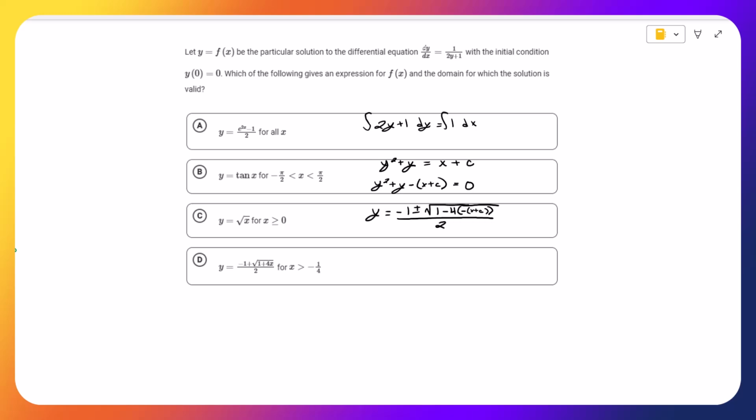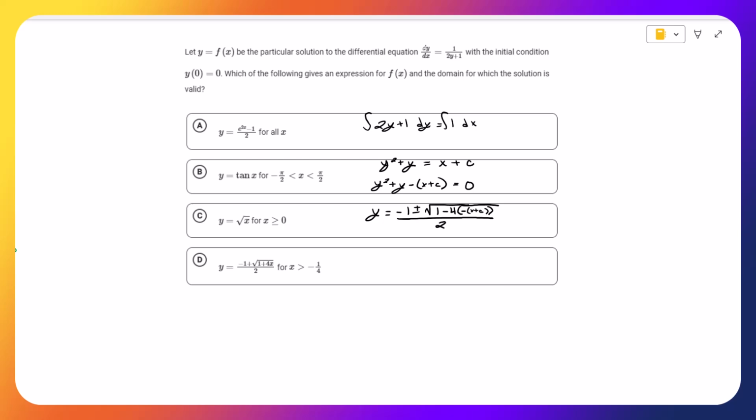So our b is 1, so we have negative 1 plus or minus the square root of 1 squared, which is 1, minus 4. A is just 1, so I didn't write it. And c is this negative x plus c. Divided by 2.